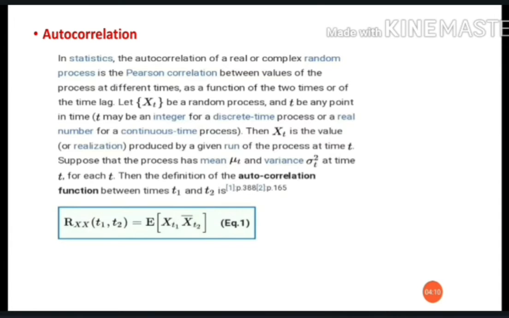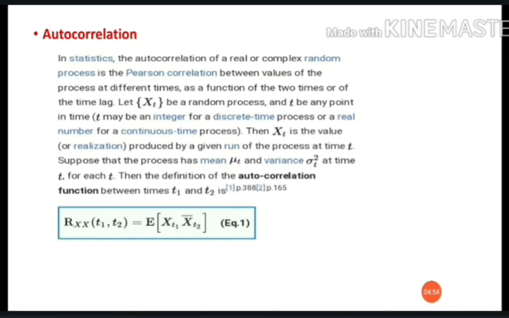Let's talk about the next big thing, the autocorrelation. There are some expectations, the operations we need to consider, like autocorrelation, stationarity, and power spectral density. Firstly, autocorrelation is simply the Pearson correlation between values of the process at different times, as a function of the two times or the time lag.